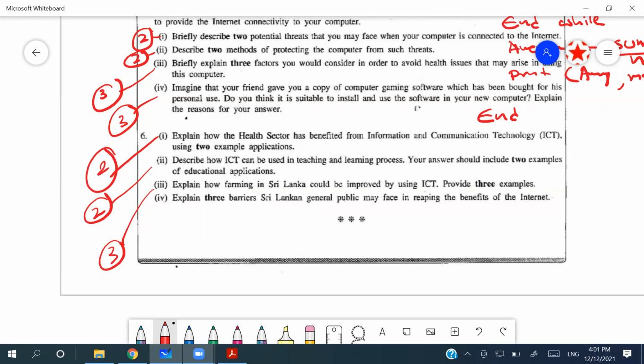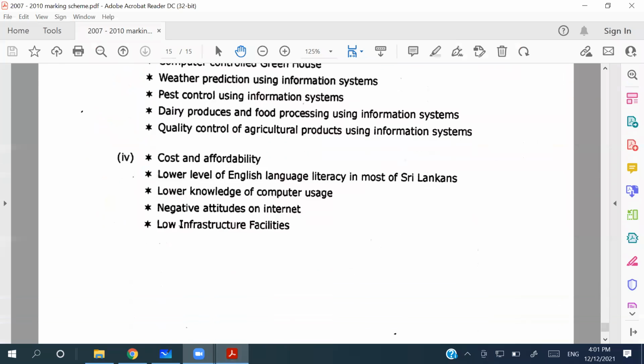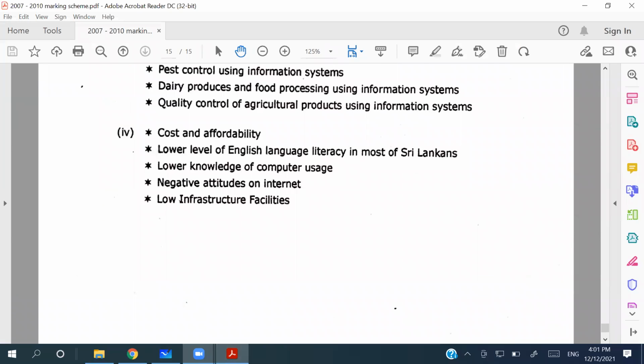Sometimes they don't have enough computer literacy, right? So likewise, as the marking scheme says, cost and affordability, lower level of English language literacy of most Sri Lankans, lower knowledge of computer usage, negative attitude on the internet, low infrastructure facilities.